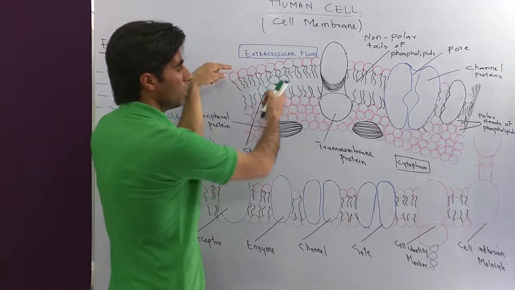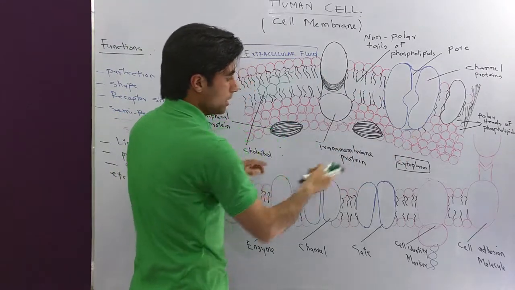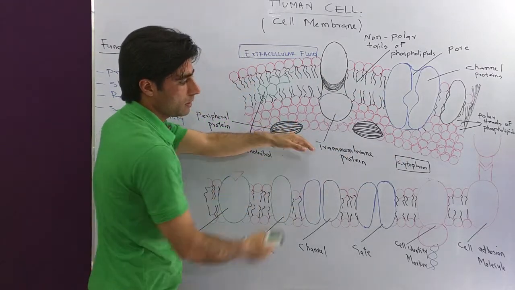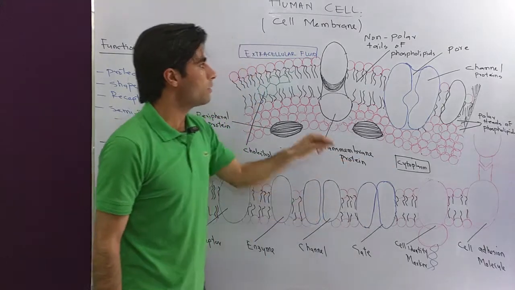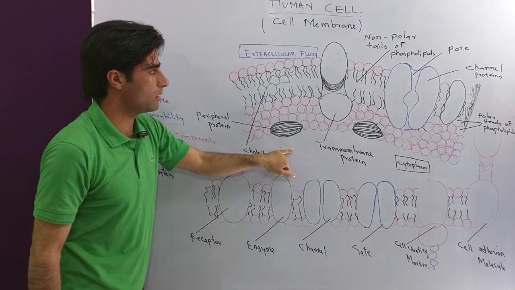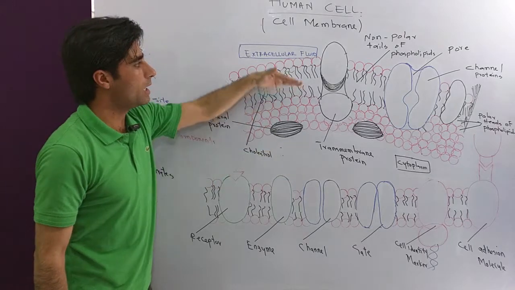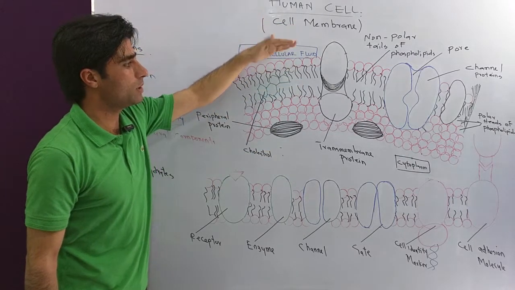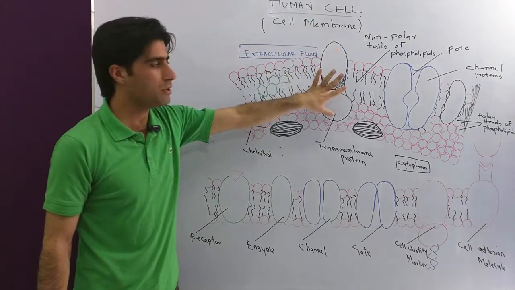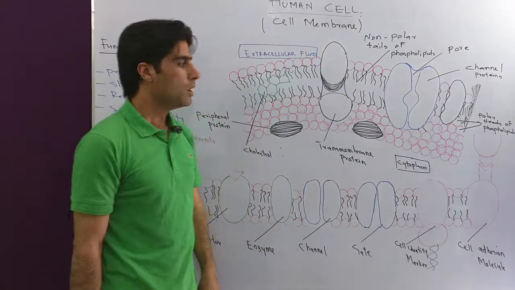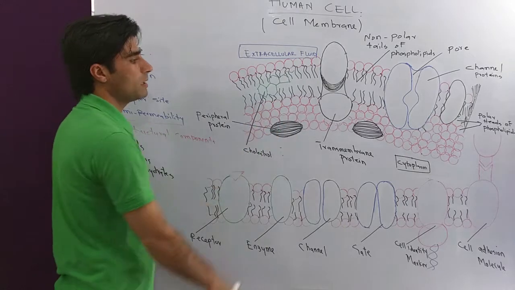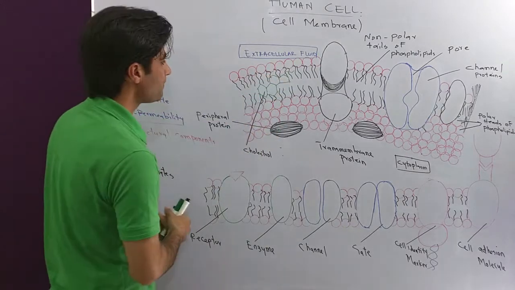This is, for example, one of your cells. This is the inner side, the cytoplasm, or intracellular fluid. And this is the outside of this specific cell, the extracellular fluid or environment. In between them there is the plasma membrane, or cell membrane.